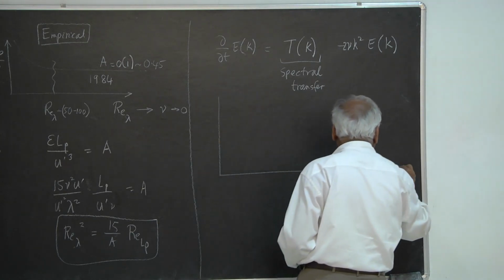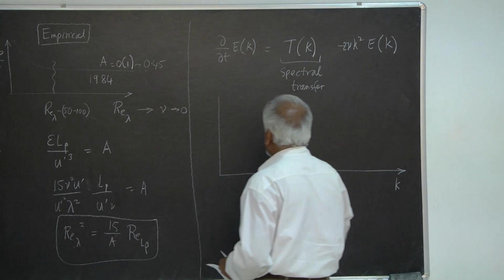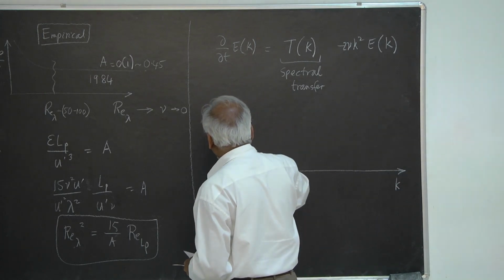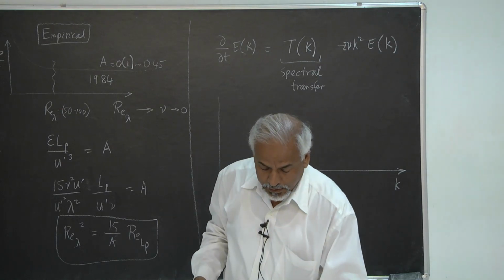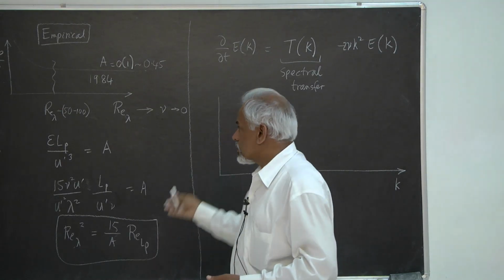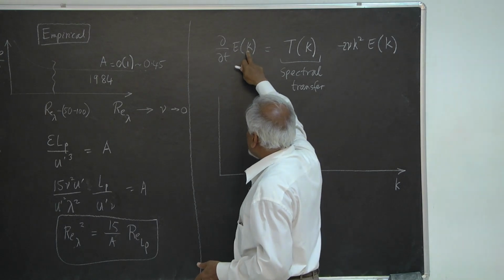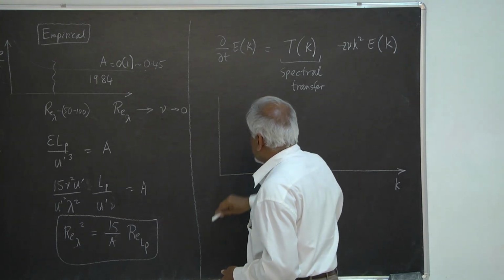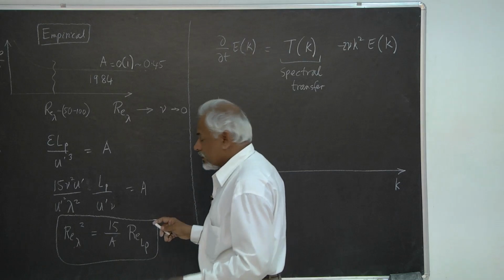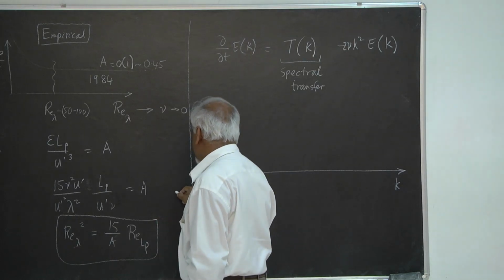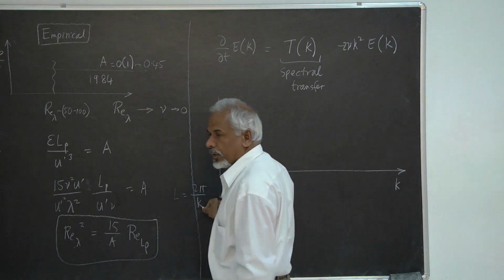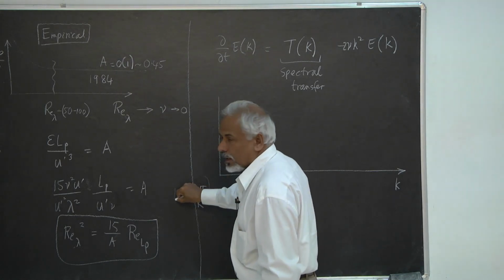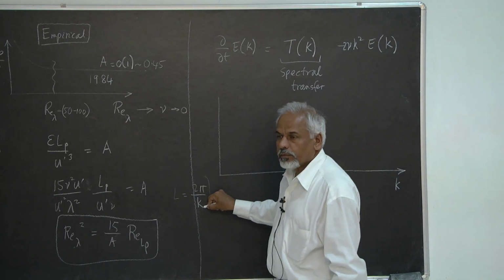It may look something like that. So the function of k here, E of k: the largest eddies, largest scales, correspond to very small wave numbers. You remember the relation between the length and wave number: L is equal to 2 pi over k. So when I say large lengths, it means small wave numbers.